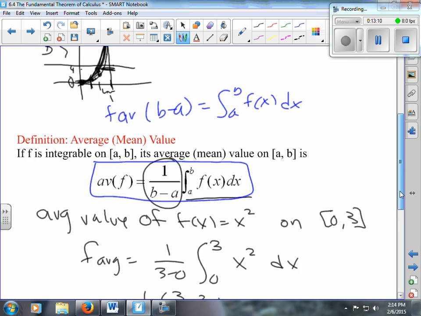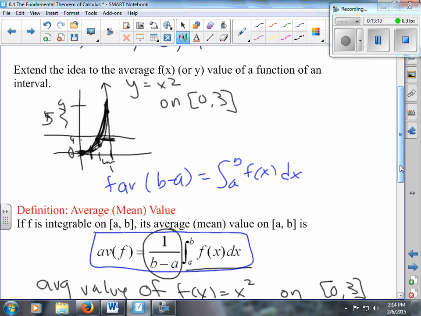In this example, if I look at y equals 3 and find the area of this rectangle, which is 3 by 3, which is 9, that's actually the area from 0 to 3 under x squared. So the blue rectangle has the same area as the green shaded region. That's just the definition.